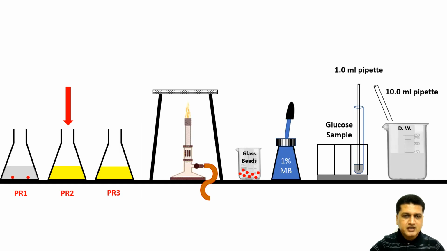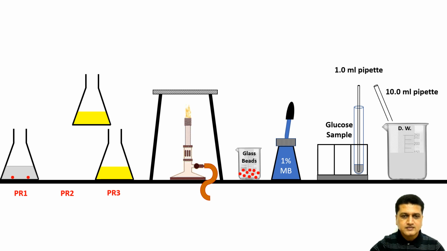Now, proceed to take pilot reading 2. Place the flask PR2 on wire gauze and repeat the procedure of titration.